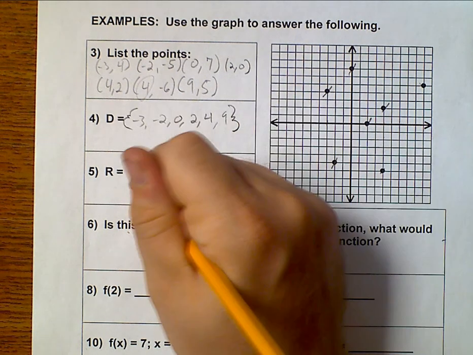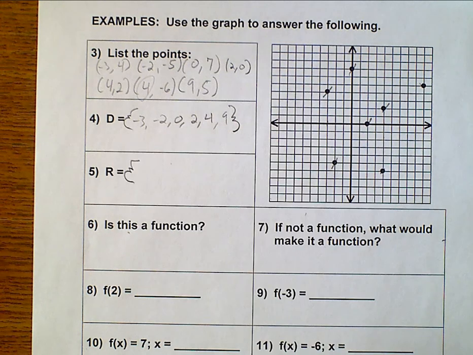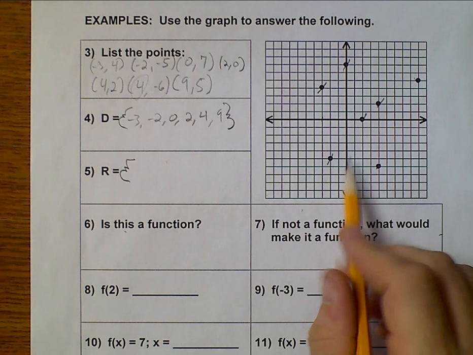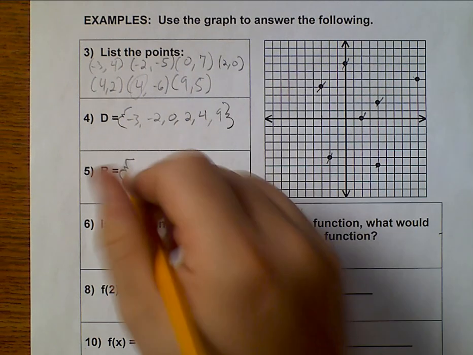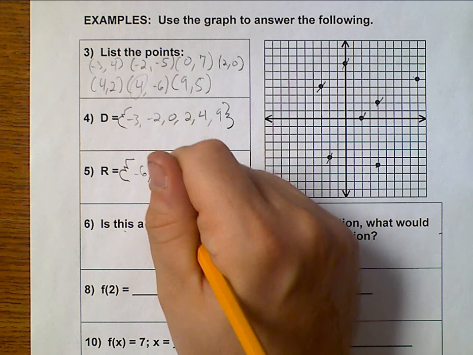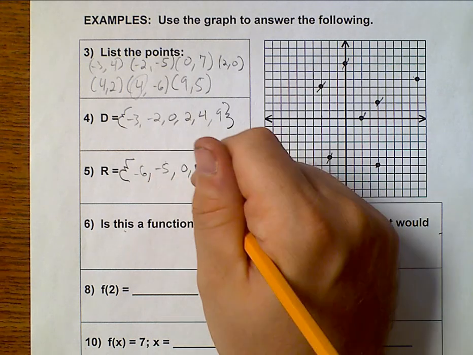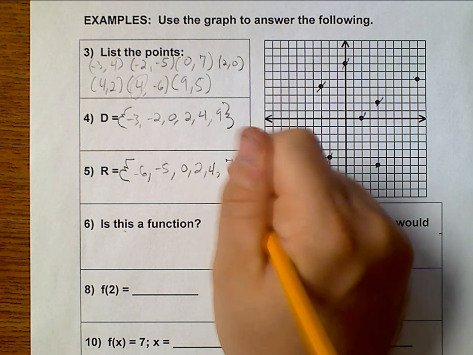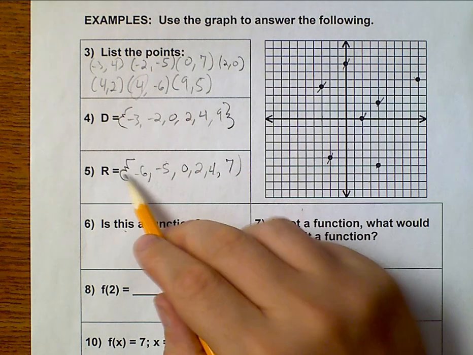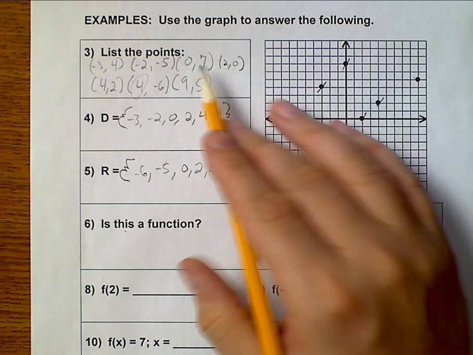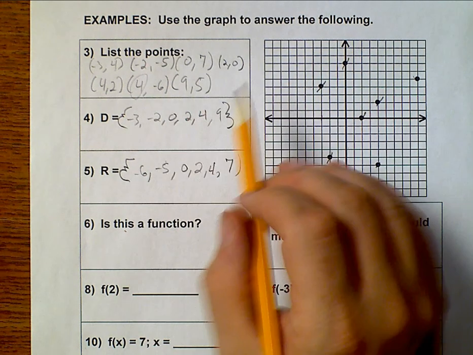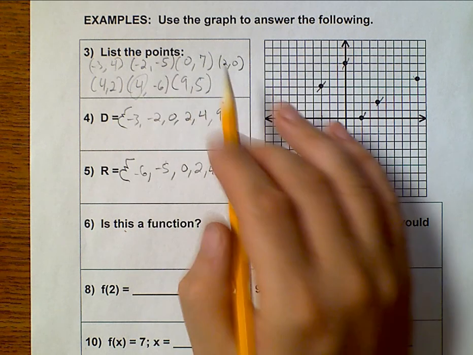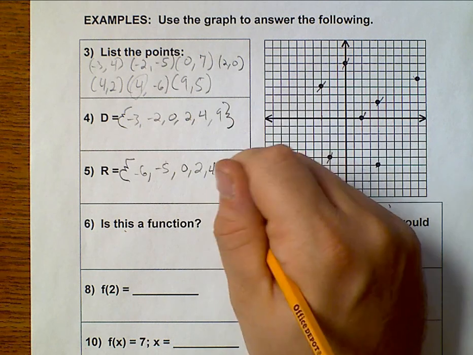And my range, I want to go ahead and see if I can get these in the order from least to greatest, would be a negative 1, 2, 3, 4, 5, 6. Negative 5, 0, 2, 4, and 7. 1, 2, 3, 4, 5, 6, 7. 4, 2, negative 5, negative 6, 7, 5, and 0.